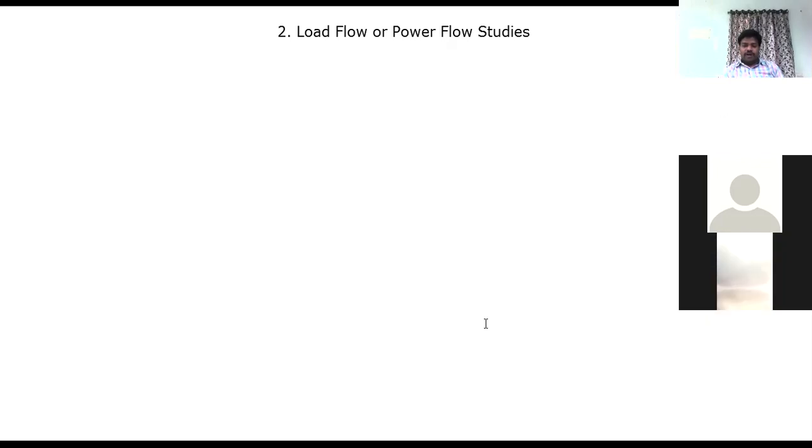But it is also very important to know why we are using load flow analysis, or power flow analysis. Load flow studies help us to determine the best locality or optimal capacity of the proposed generating station, substation, or transmission line. What is the necessity of load flow studies in the power system?